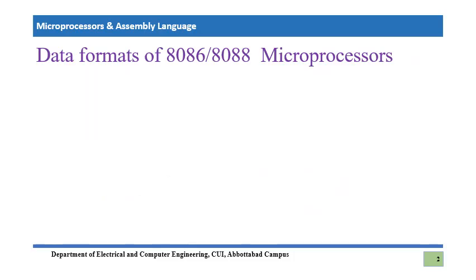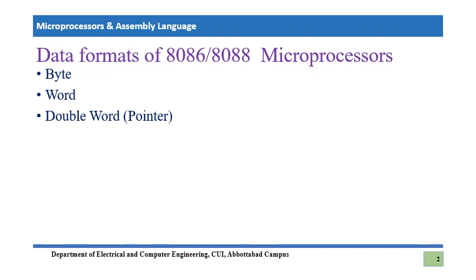Before we go to the different data types which are available for these microprocessors, let's reconsider some of the facts which we learned about in the last lecture, and we consider different data formats. What were those? If you remember, 8086 or 8088 microprocessor can store information as byte, as word, and as a double word.